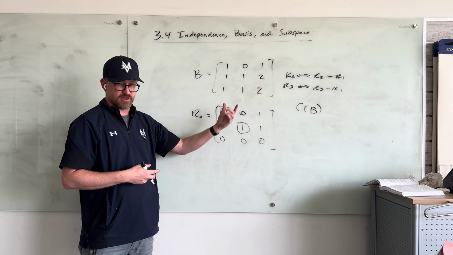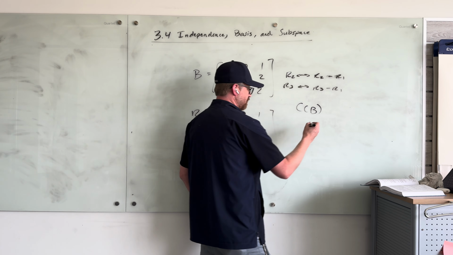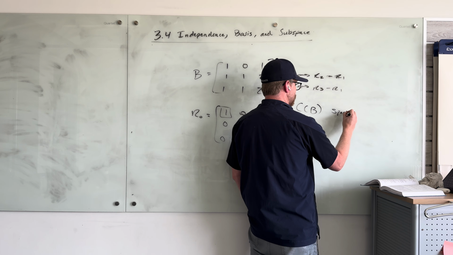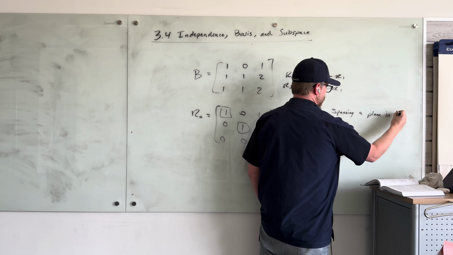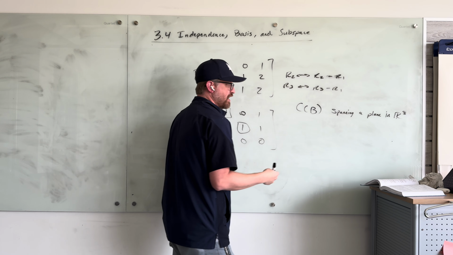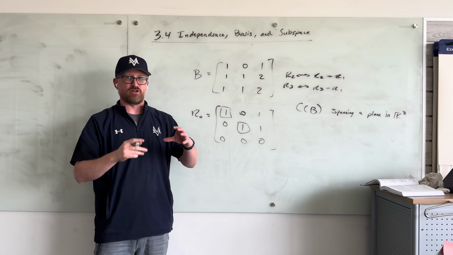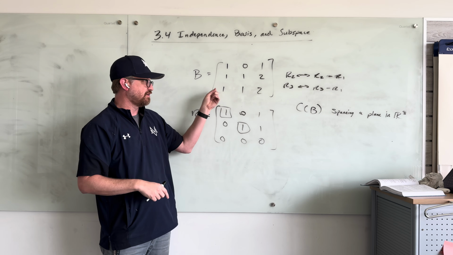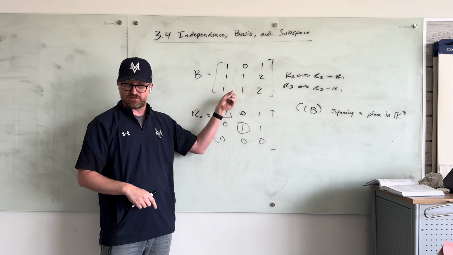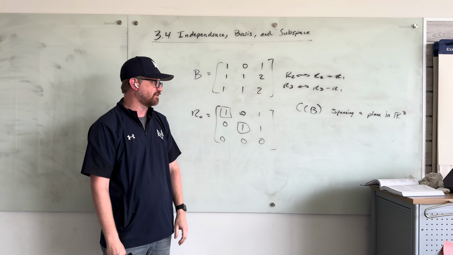This is covering or spanning a plane in R3. And it's not even spanning all of R2, right? It's just some sheet of paper in three-dimensional space, all combinations of those two vectors.